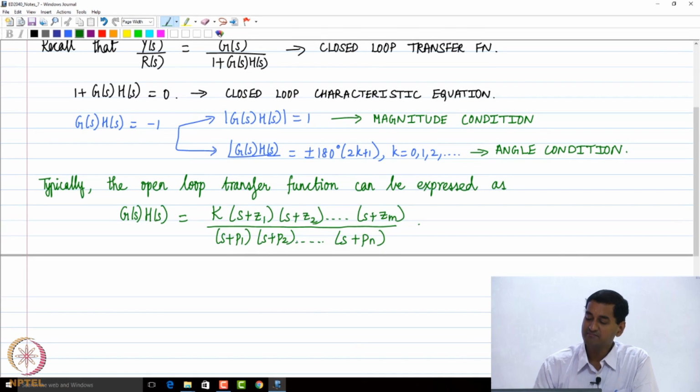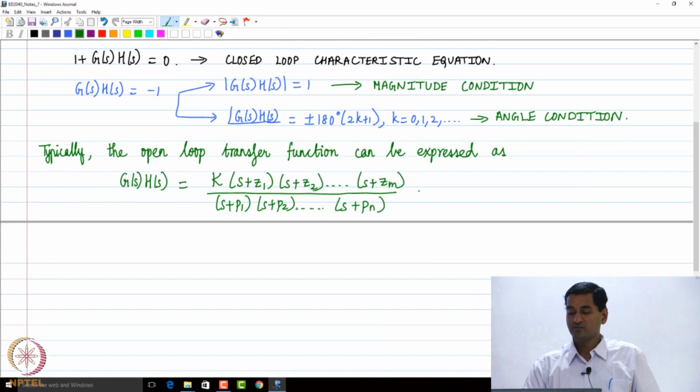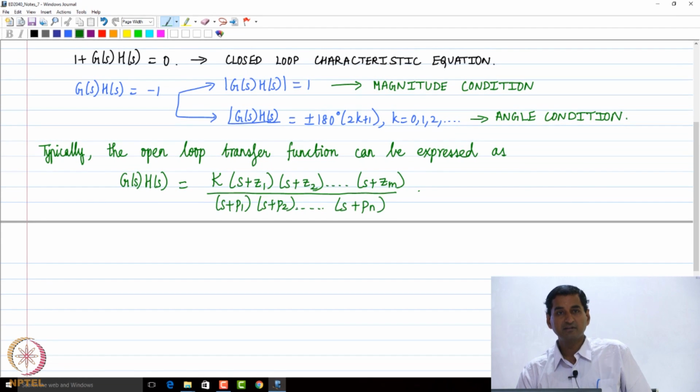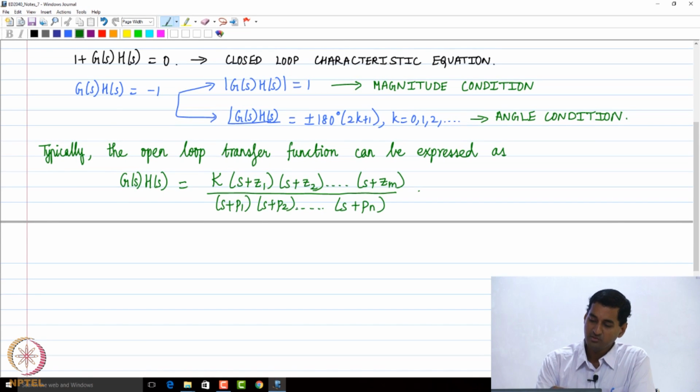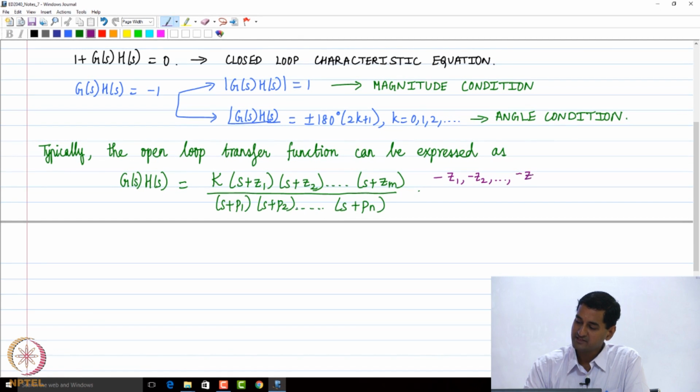So, k being some constant, a real number. Minus z1 through minus zm are the zeros of the open loop transfer function, and minus p1 through minus pn are the open loop poles. That is something which we already know.